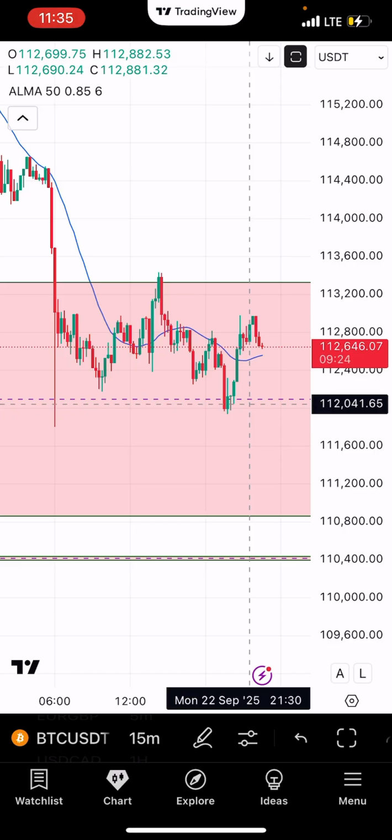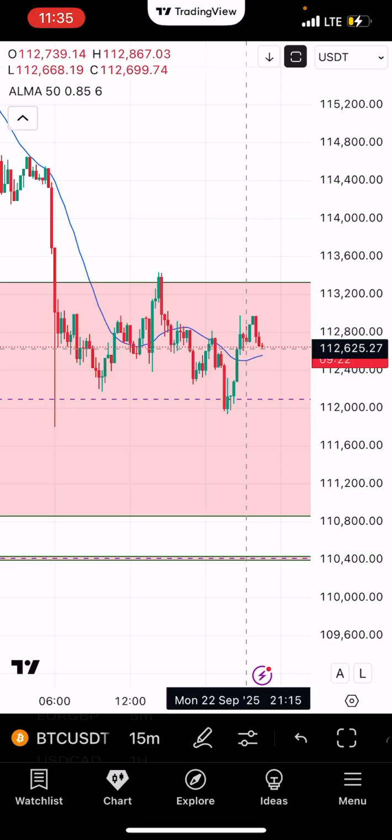As it goes up, it broke a resistance here.